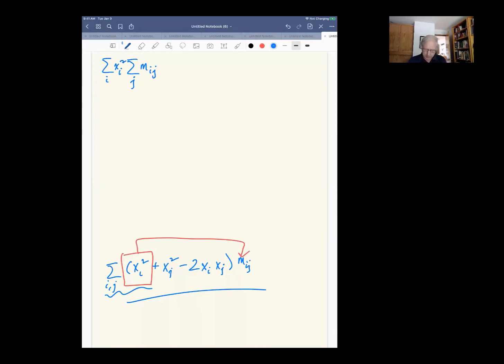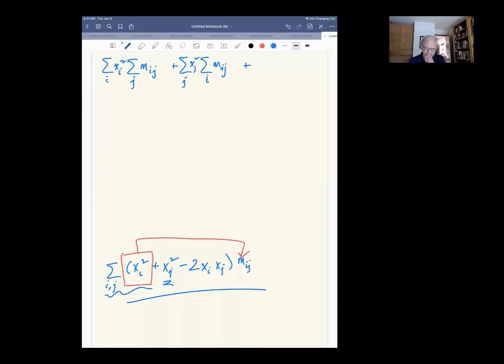So I've distributed the M_ij over all three terms, but I'm breaking this up into three sums now. And we just did the first sum. And then the second sum will be for the x_j², but I'm going to do the summation in a different order just to take advantage of the dependencies. And so in the second case, it's x_j² that gets pulled out, and then we sum over i, all the different i's, for the M_ij's.